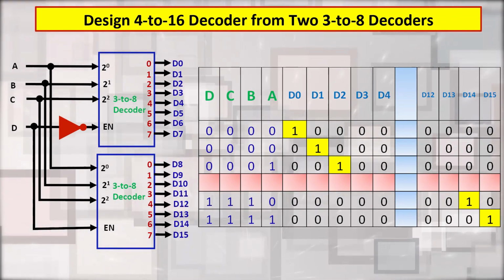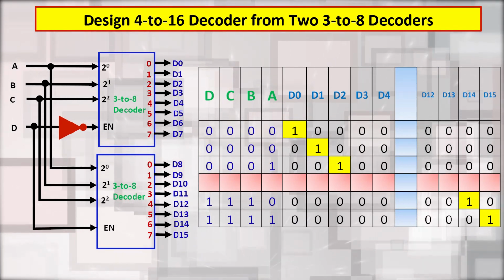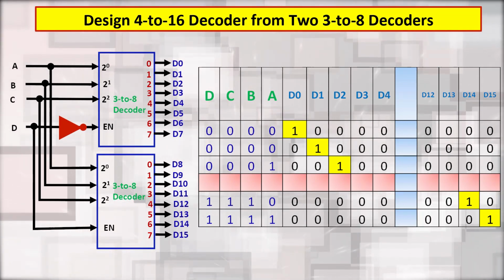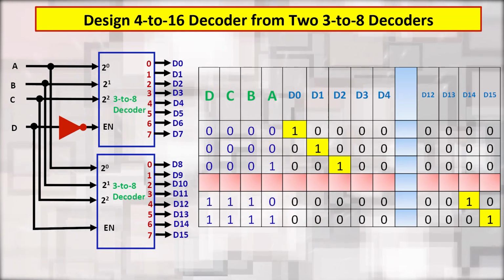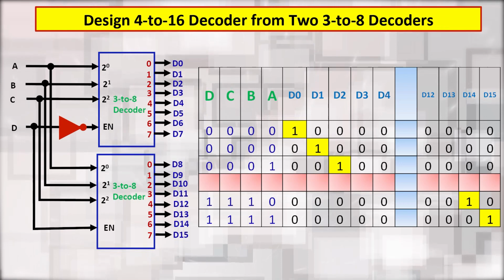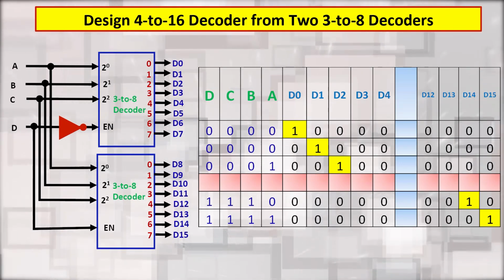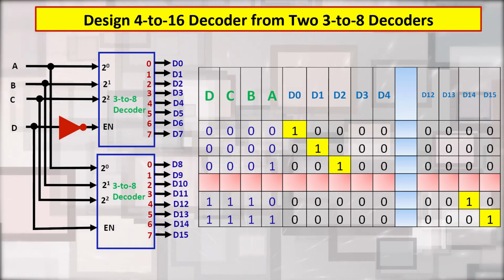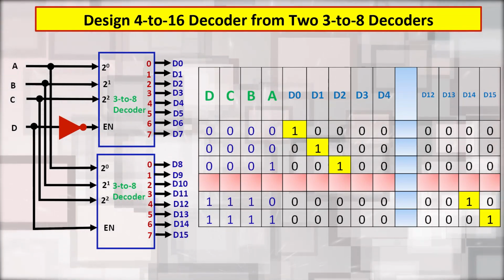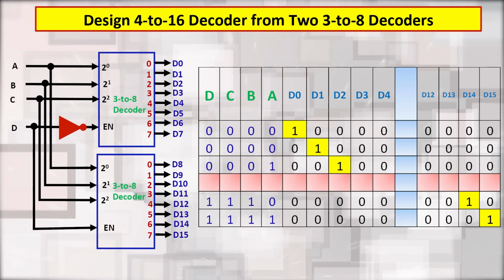Accordingly, suppose all the inputs are at logic 1, say A 1, B 1, C 1 and D 1. So, in that case the second decoder will be activated and the pin D15 will be at logic high.